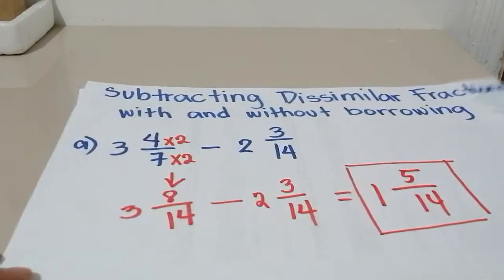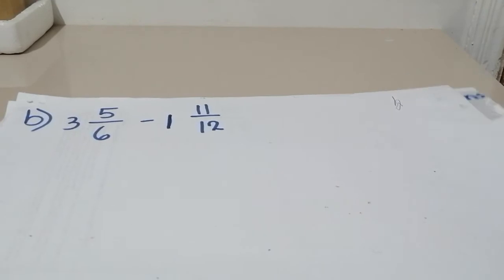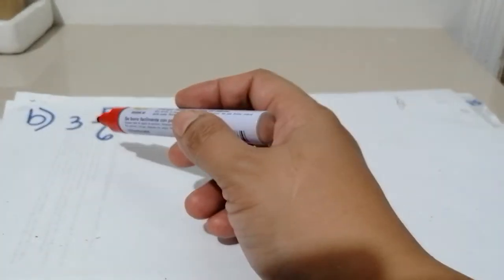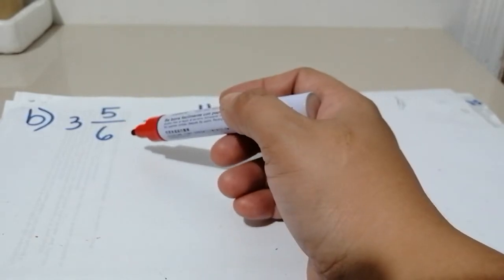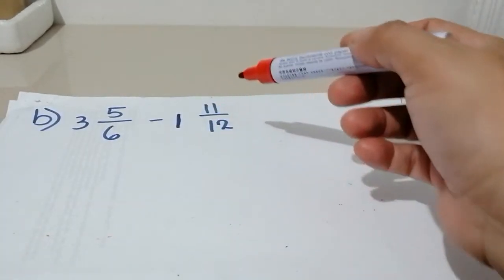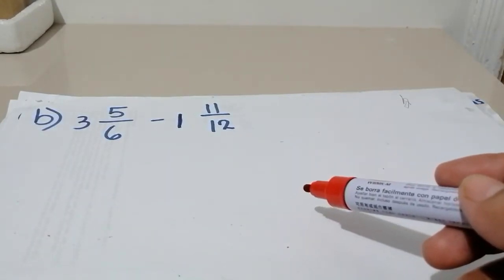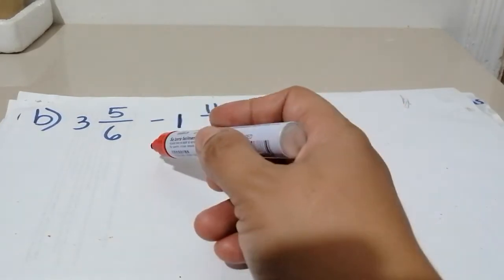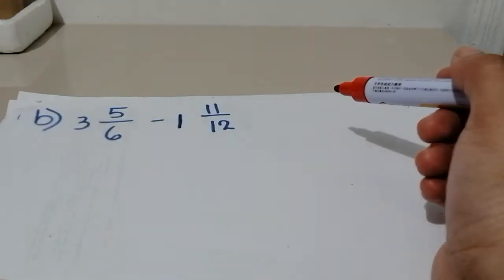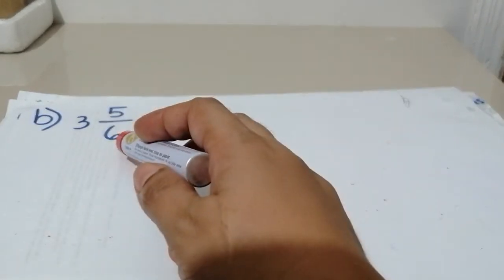Okay? Next. Pag naman sa fraction na to, 3 and 5 over 6 minus 1 and 11 over 12. Again, bago natin siya masubtract, kailangan muna natin gawin yung denominator na pareho. At dahil doon, 12 is a multiple of 6.